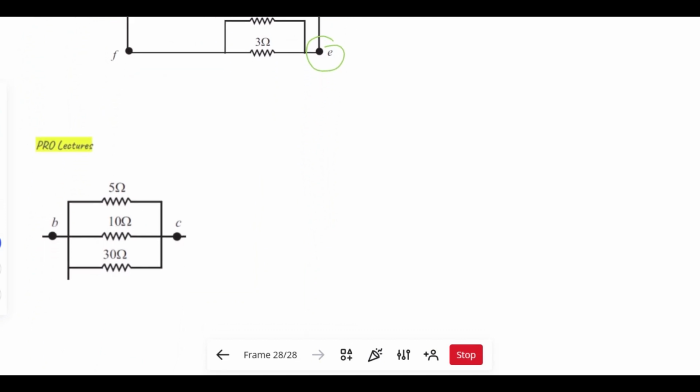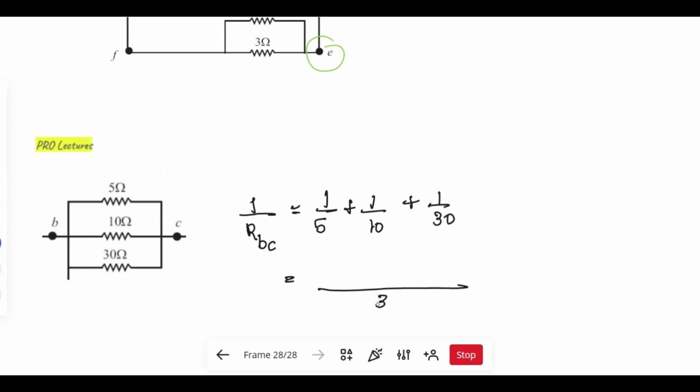We know that for a parallel combination, the reciprocal of equivalent resistance is the sum of reciprocals of individual resistances. So 1 by RBC is 1 by 5 plus 1 by 10 plus 1 by 30. Simplifying this is 6 plus 3 plus 1.